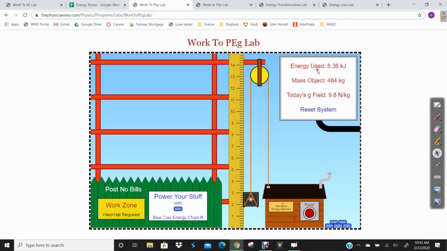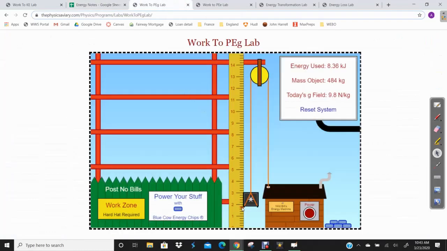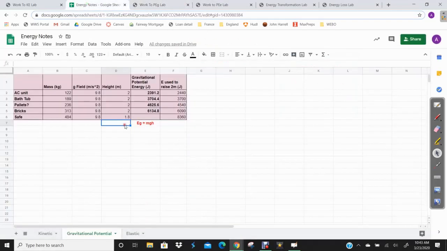So we can make an adjustment on that. But it did go to 8,360 joules used. I'm going to change the height to 1.8 meters because it did look like it got to about 1.8. And then we will do this calculation here, and it comes out to be 8,500. Okay, so not too bad.